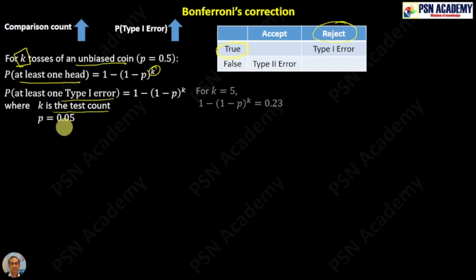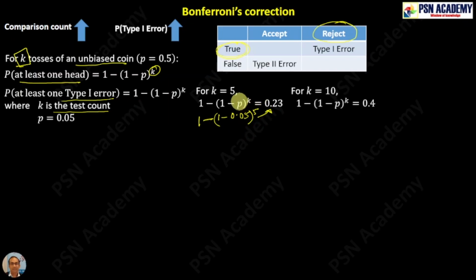Now you see the trouble. For k equal to 5, that means you go for 5 tests, right? So 1 minus p raised to k. If you put p equal to 0.05, it is 1 minus 0.05 raised to 5, and this will give you 0.23.